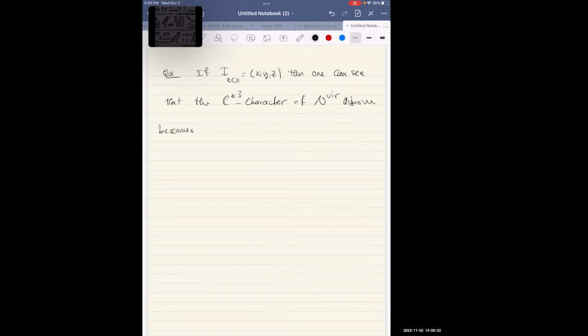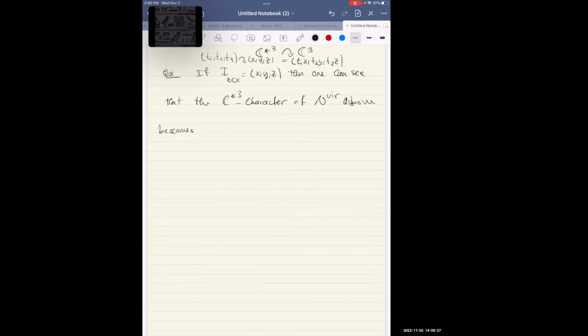So there is C cubed and there is C star cubed acting on it. What is C star cubed? That is T1, T2, T3, all non-zero complex numbers acting on X, Y, Z. And the action is given by T1 times X, T2 times Y, T3 times Z. That's what the action is.